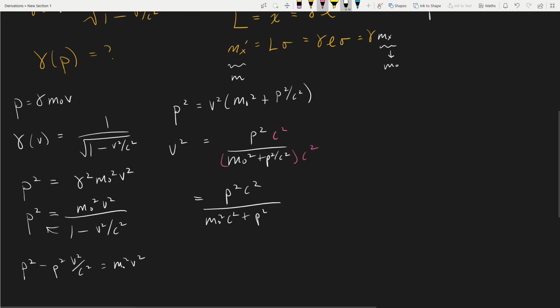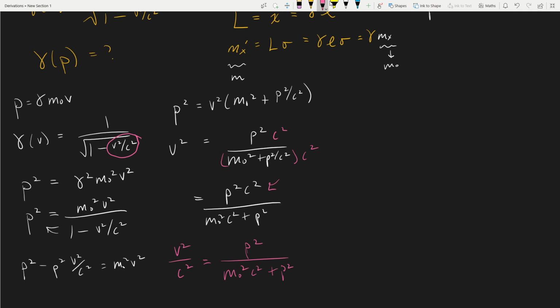Okay, well, why did I do that? Well, we're trying to get this quantity, v squared over c squared. So if I calculate v squared over c squared, clearly that's going to be equal to this, and just divide out the c squared on top, which is p squared over m naught squared c squared plus p squared.